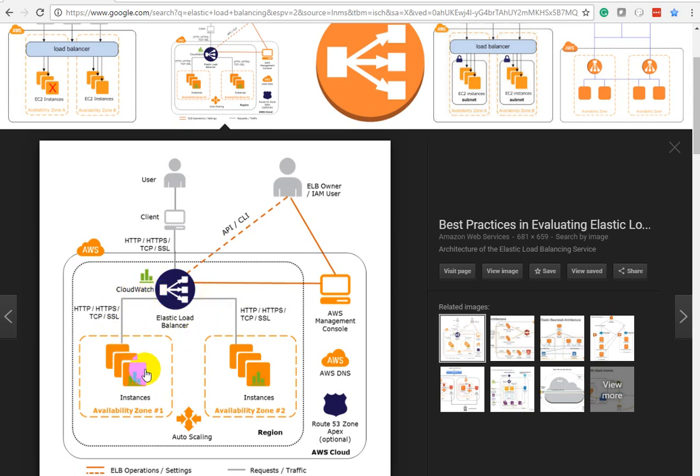Now let's say one server can only process about 100 requests per minute, and this one can only process 100 requests per minute as well. So the elastic load balancer helps us balance the load right now. But you can also configure CloudWatch and an auto scaling group so that it will spin up a new EC2 instance, and it will start diverting traffic to the third one as well if these two are completely full of their capacity.